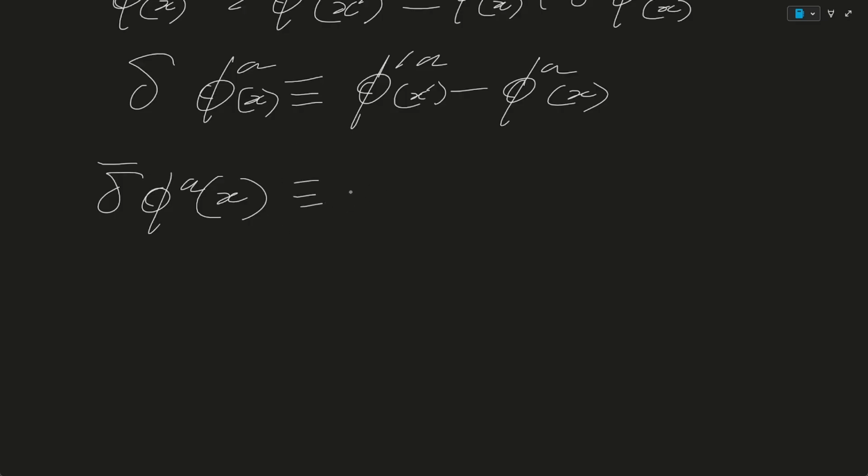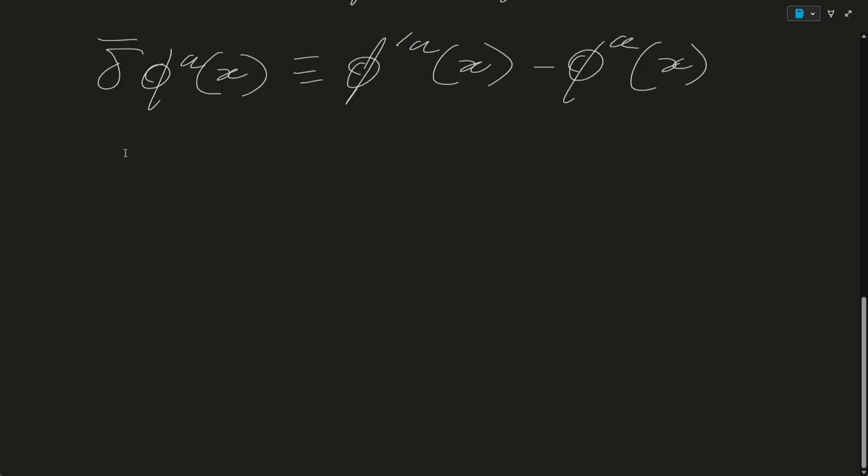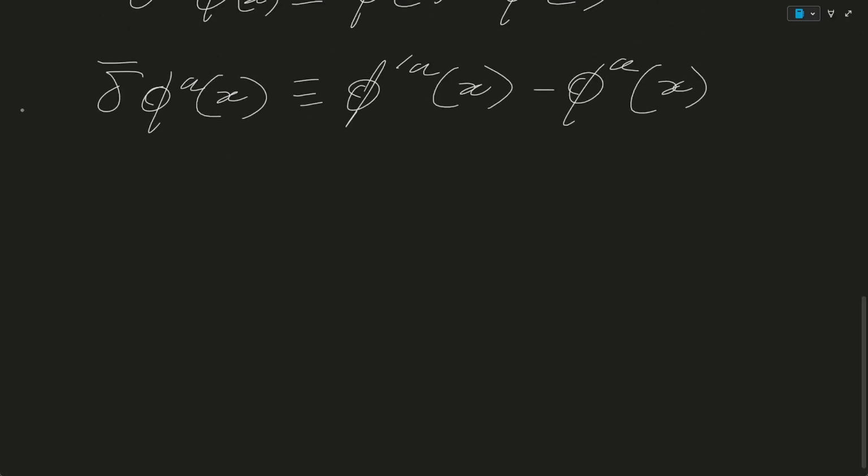And this is defined as equivalent to phi dash a of x minus phi a of x. And this is beneficial because all of a sudden now this delta bar insinuates that the phi dash function, the scalar field, takes into account the original position, not the new position. This is very important. Now we need to connect these in some way, so let's do that.